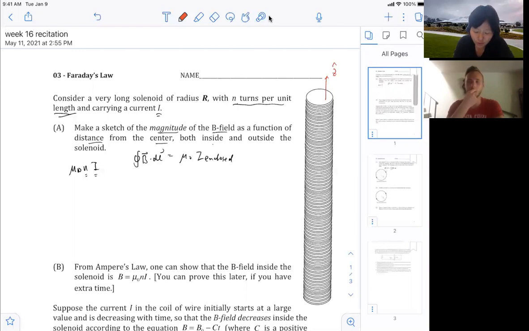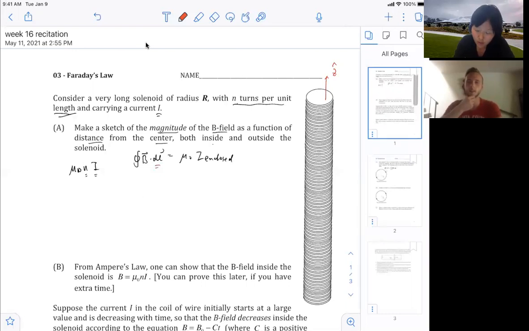Then you need to choose your loop to be in that same direction. So we need to choose a rectangle instead of a circle, right? And we also need to have current through, which means your rectangle will be half in or half out.